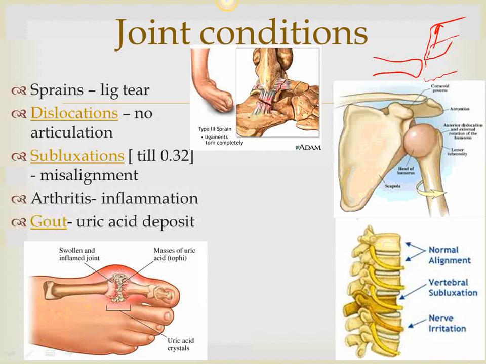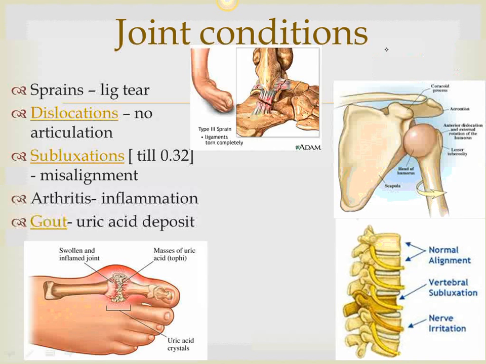In comparison to a dislocation, we have something known as a subluxation. Subluxation means where the bones are still in contact with each other. They're not completely away from each other, but the contact is not right. So they are misaligned. To give you the same example, if here I showed you a dislocation where the acromion and the clavicle are no longer in contact, no articulation.